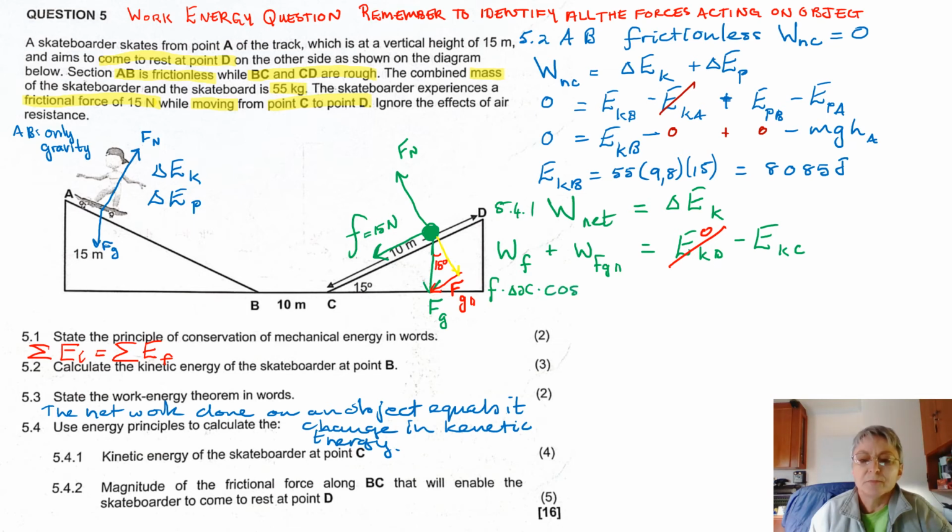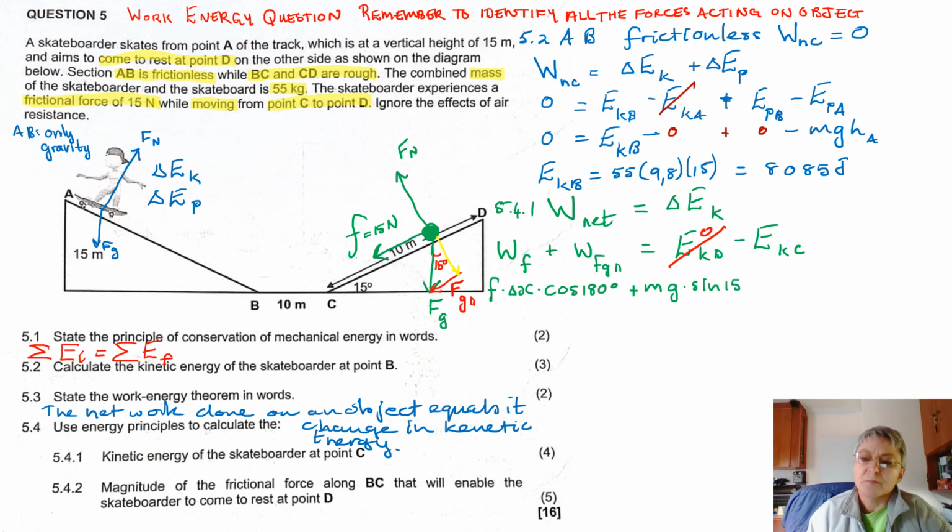Now it's moving up the plane, but the frictional force is in the opposite direction, so it's at 180 degrees, so it's cos 180, plus, now the component of the weight that is parallel to the plane is mg sine 15.